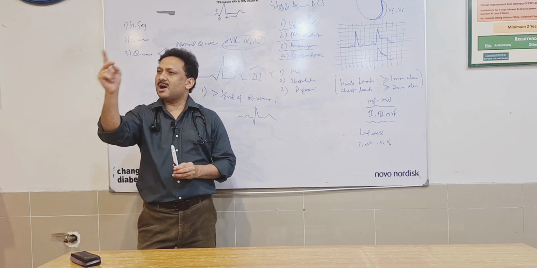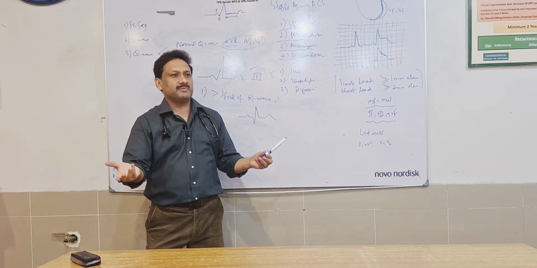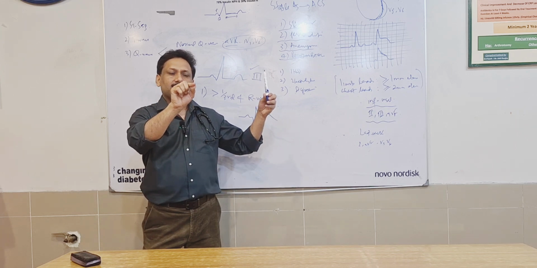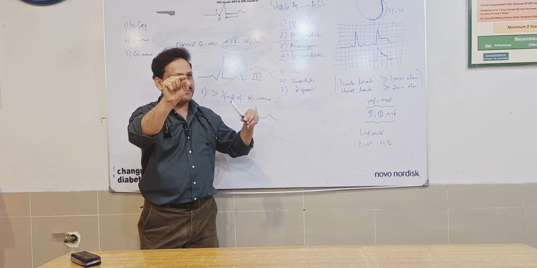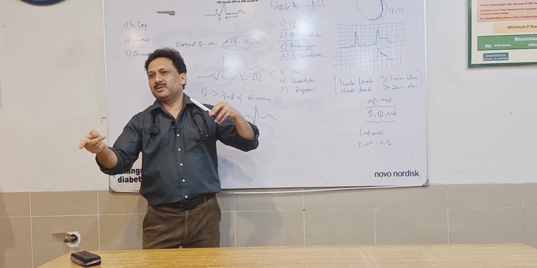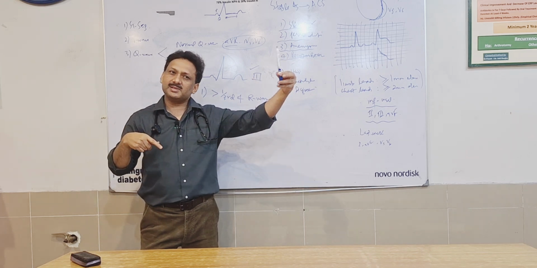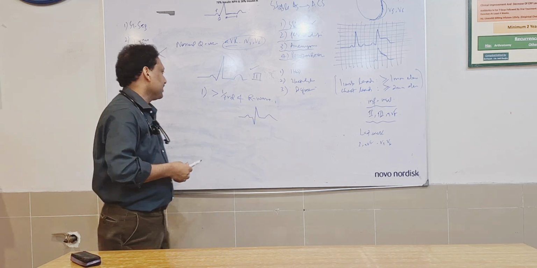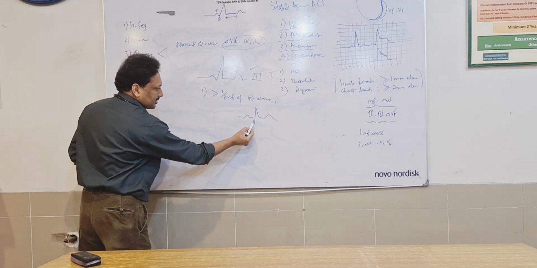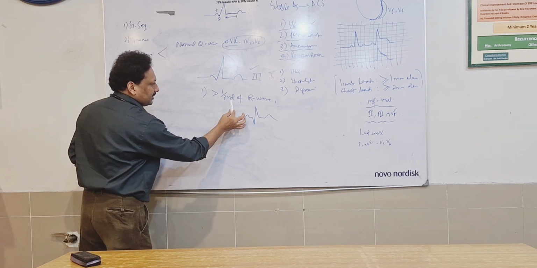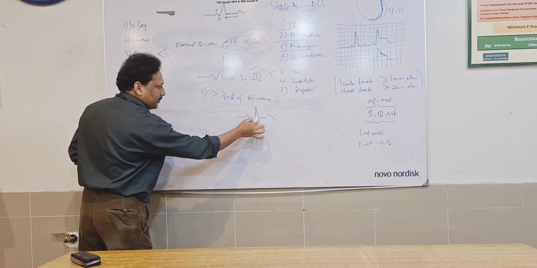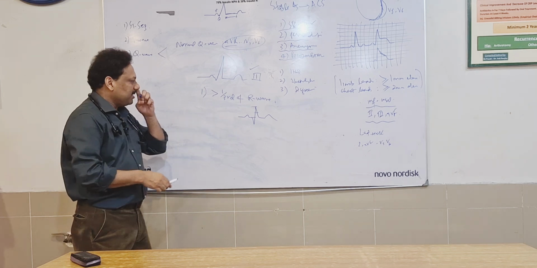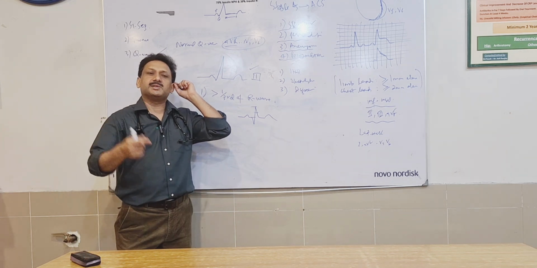Any downward deflection after the R wave is known as the S wave. So you always start like that. So if this Q wave is greater than 1/3 of the R wave, we calculate the distance that way, and if it is greater than 1/3, it is considered significant.